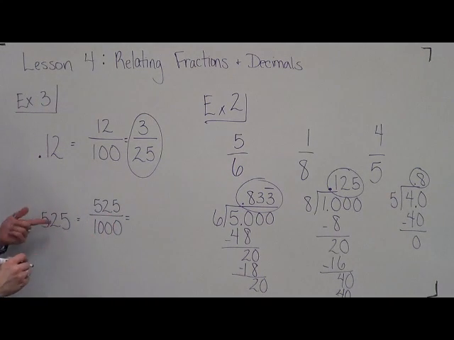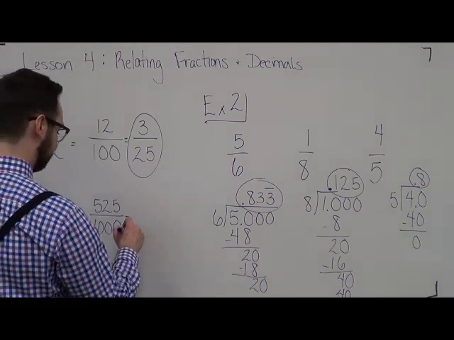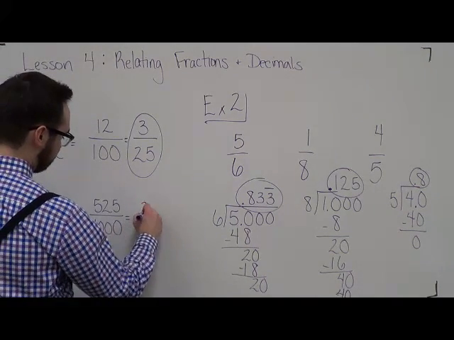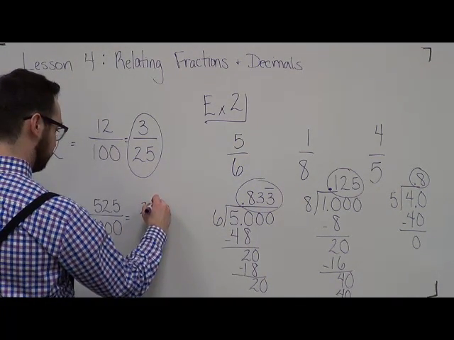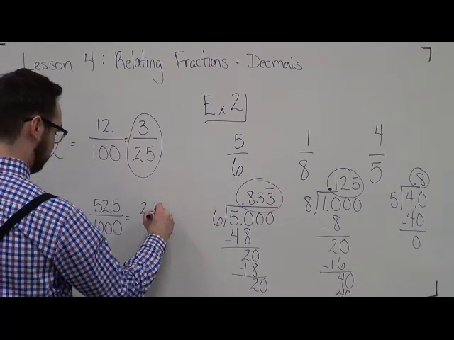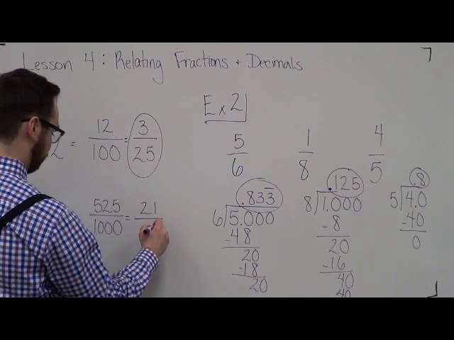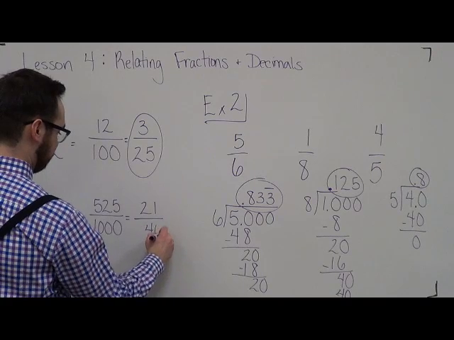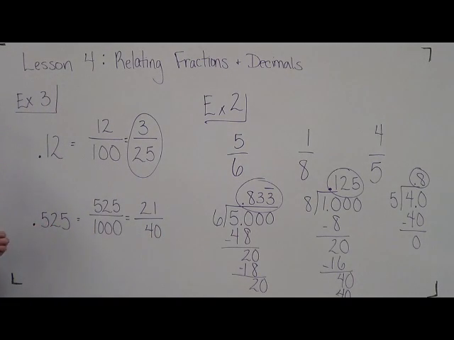We can divide these both by 25, actually. So it's 21 over 40 is how that simplifies down. And so that direction is a little more exact to what we've been doing.